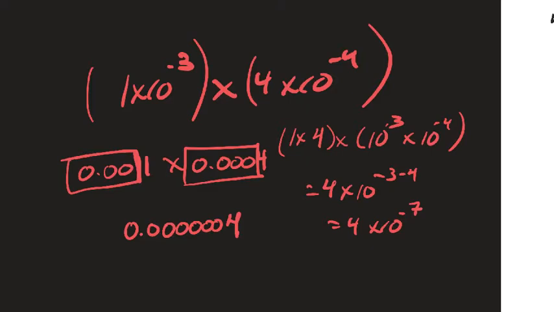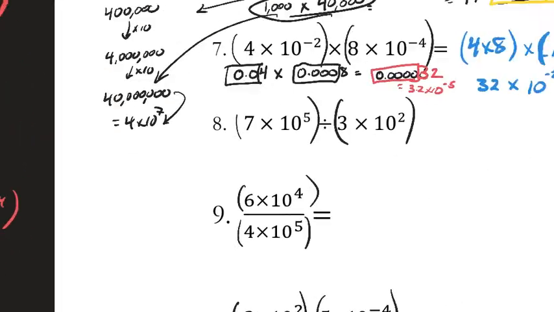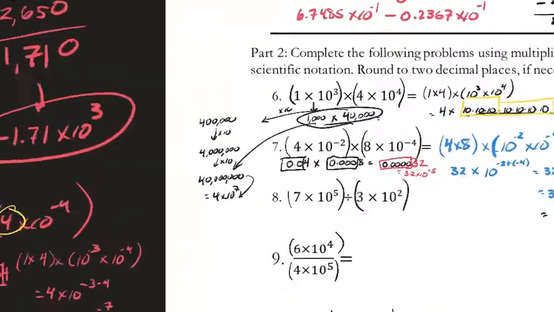If we count the zeros over here, we've got 1, 2, 3, 4, 5, 6, 7. Or if we had to move the decimal, it would be 1, 2, 3, 4, 5, 6, 7 times. So because 1 and 4 multiply to a number less than 10, we just put the 4 at the tail end of the zeros. Whereas for number 7, because 8 times 4 is bigger than 10, we overlap the last one.